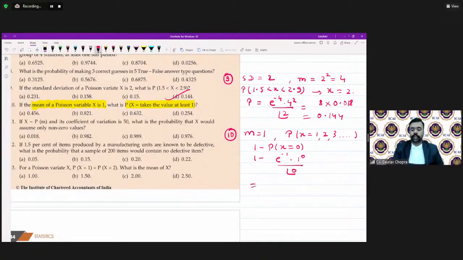Now you can solve this. So how much we are getting? 0.632. This is the required answer.